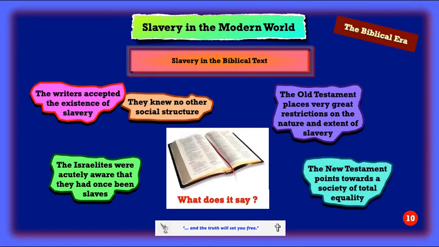We'll look at these in a moment. But the New Testament takes us forward further to a society of total equality, all one in Christ Jesus, as Paul put it. There were no distinctions, and the slave and the free was part of that equality. Now that is utterly radical in the cultures of the day.